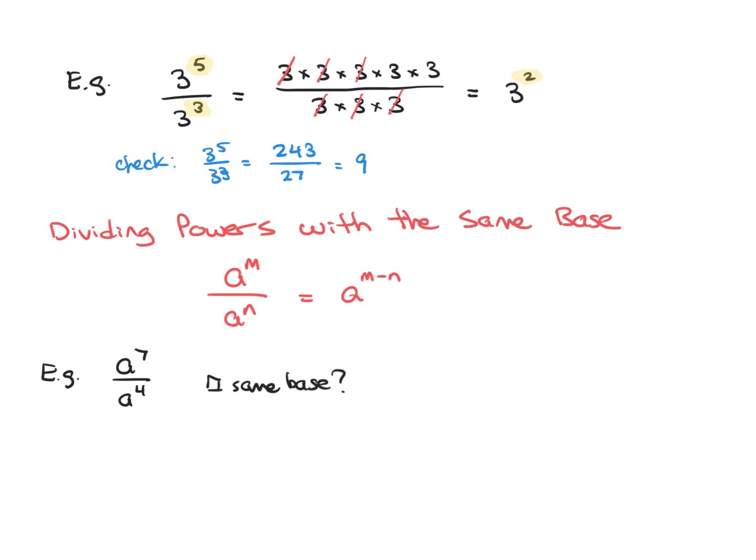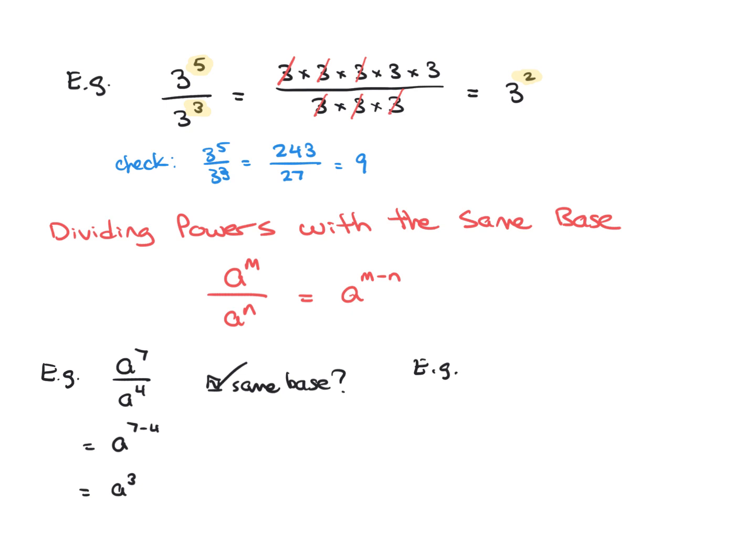And they both have the base of a, so yes, they have the same base. So if that's the case, then we're allowed to apply this exponent law. This will simplify to a to the exponent of 7 minus 4. And 7 minus 4 is 3. So the answer is a to the exponent of 3.